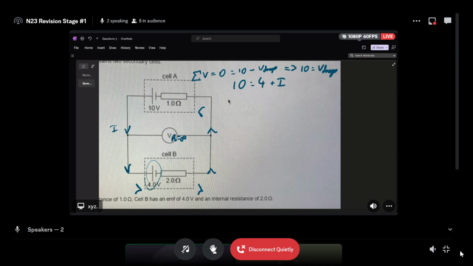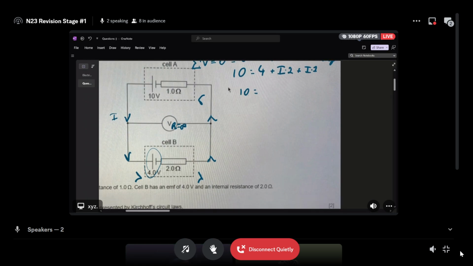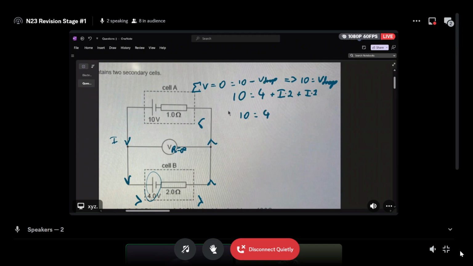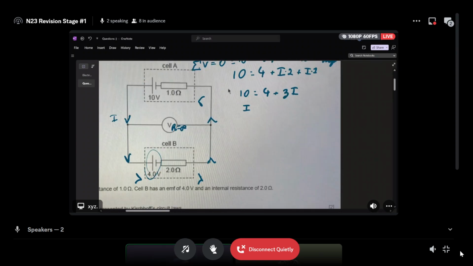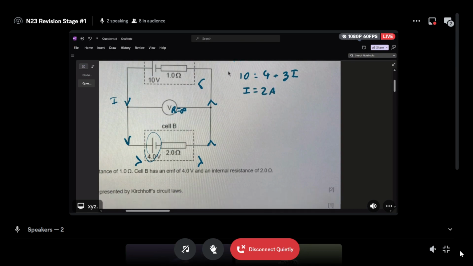I times the 2 ohm resistor, and then we have our I times the 1 ohm resistor. So 10 is equal to 4 plus 3I. And rearranging tells us that I is equal to 2 amps.